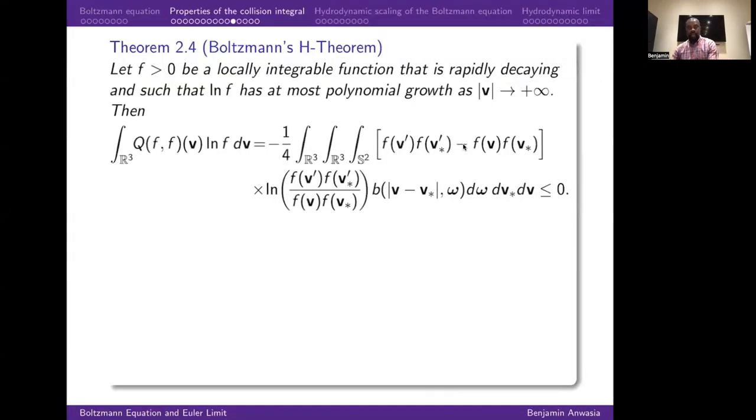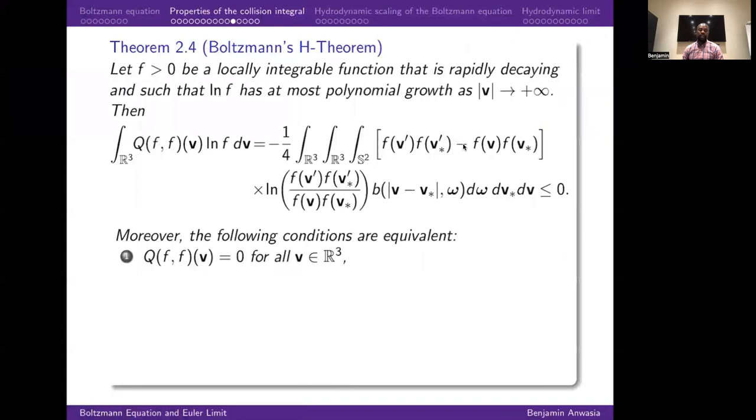Moreover, the following 3 conditions are equivalent. One, the collision operator vanishes for all v in R^3. Two, multiplying the collision operator by log f and integrating the resulting expression over all possible values of the velocity variable, one obtains that it vanishes.